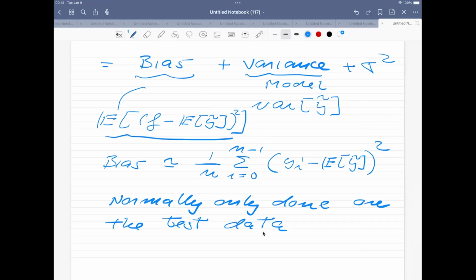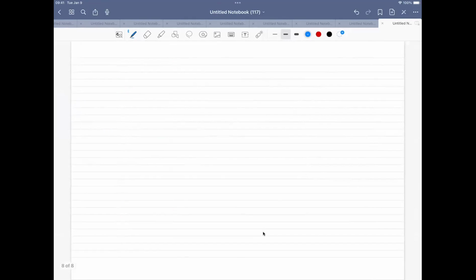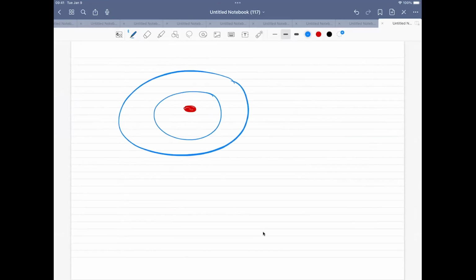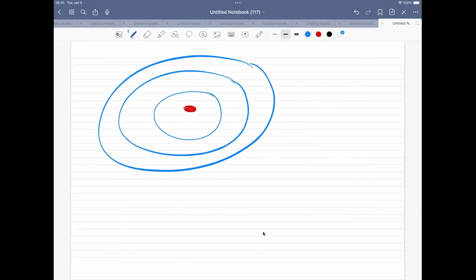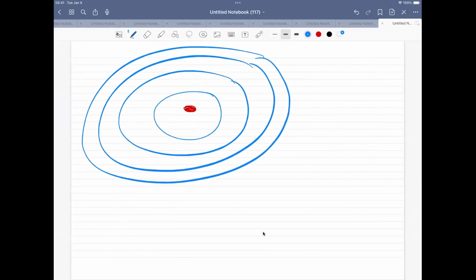So let me now show you an example. And this is one of those examples you will find in the lecture notes. So suppose you are aiming at this point here. This is what you want to reproduce. This is our holy grail. It could be something like you aiming at a specific point here. So the red one is what we want.